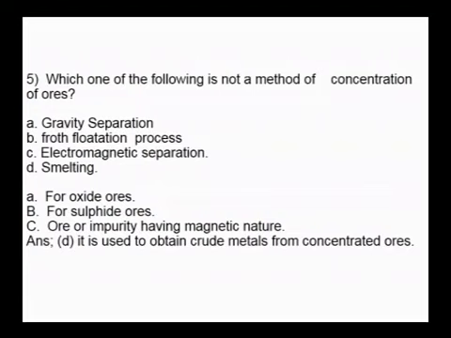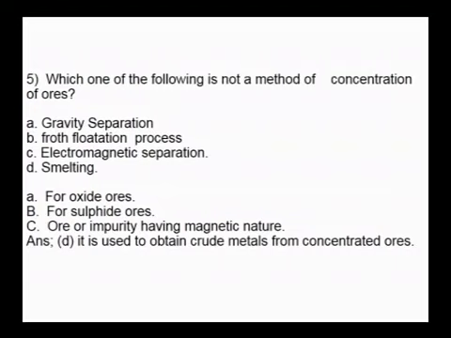Which one of the following is not a method of concentration of ores? As I already told you, concentration is nothing but the removal of rocky and earthy impurities present in the ore. It is done by different methods. The methods are given in the options.